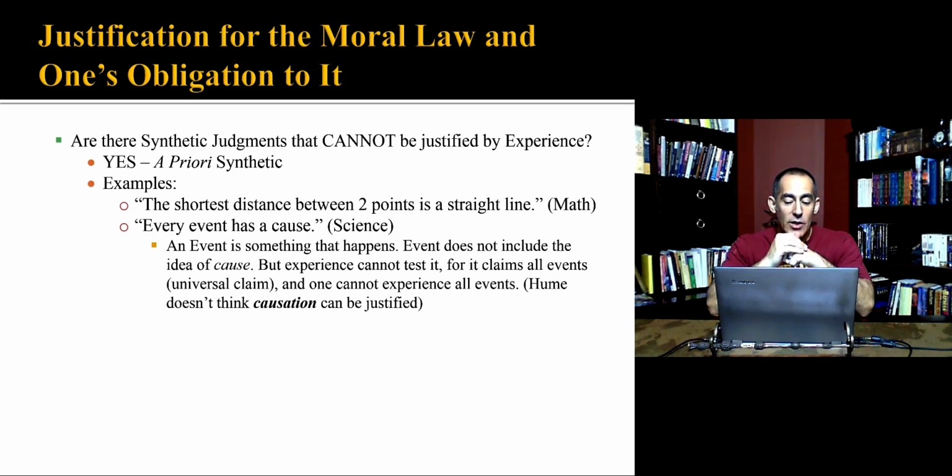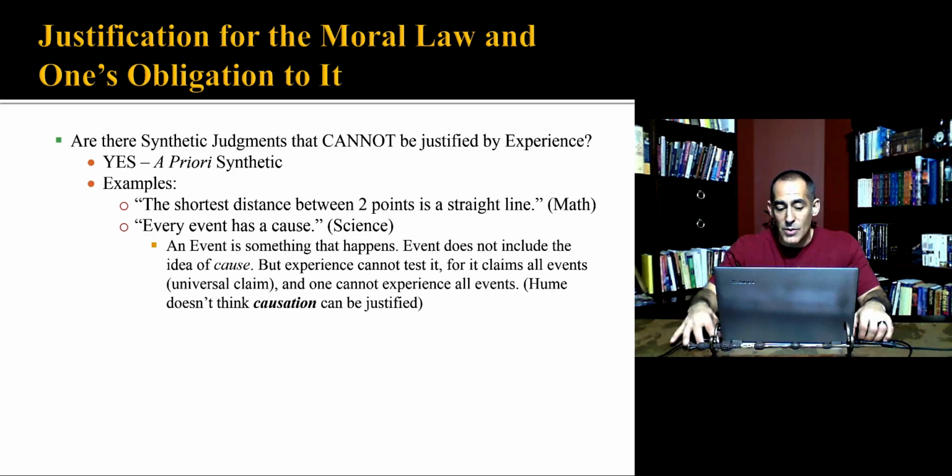Because if you think about shortness of distance, it does not include the idea of straightness of line. Those are two separate concepts. Yet we know that this is true before you ever have to draw this on a piece of paper, before you ever experience it. We already know that we're dealing with something that is true a priori. And it's synthetic in that those ideas are not contained within one another. So that's a great example of an a priori synthetic in math.